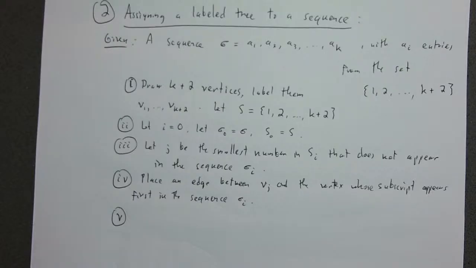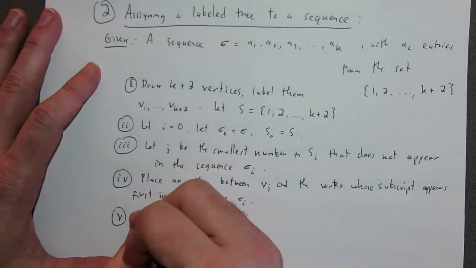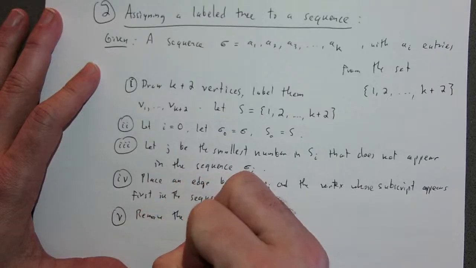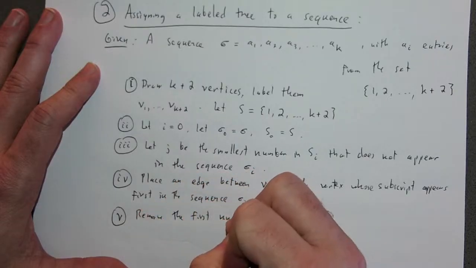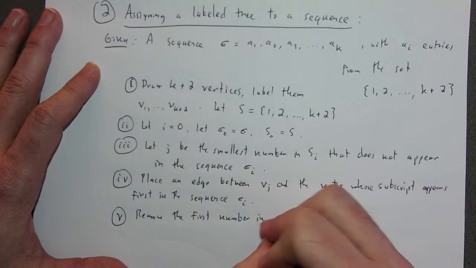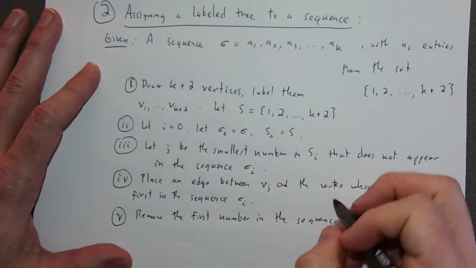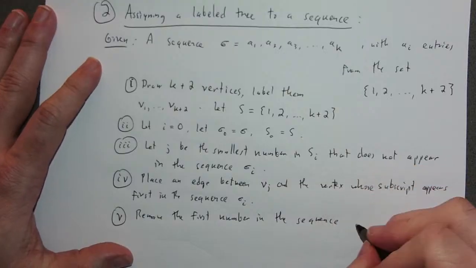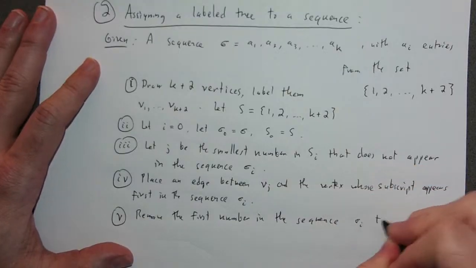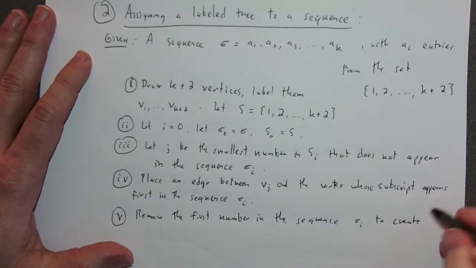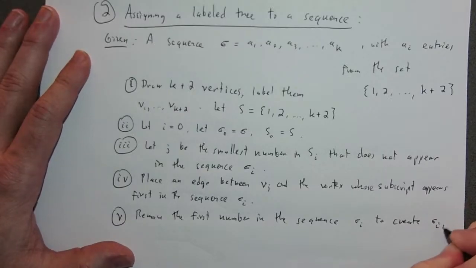Step 5. Remove the first number in the sequence sigma sub I to create the next sequence, sigma sub I plus 1.